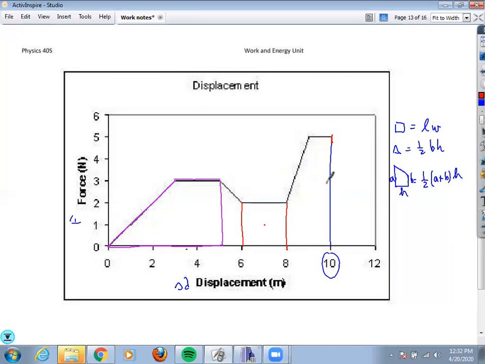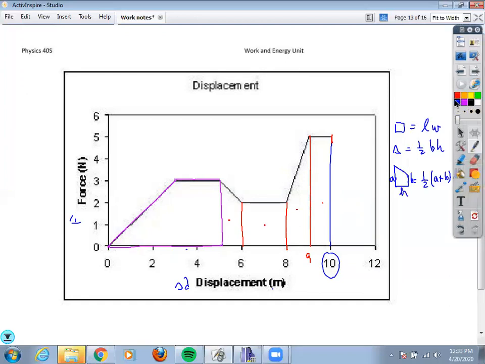Actually, we have to divide this into 4 shapes. Okay, that's 9. So we have a trapezoid, rectangle, trapezoid, rectangle. So there's 4 more. Okay, so that we'll have to do. So we have 4 sections and 4 shapes to do.